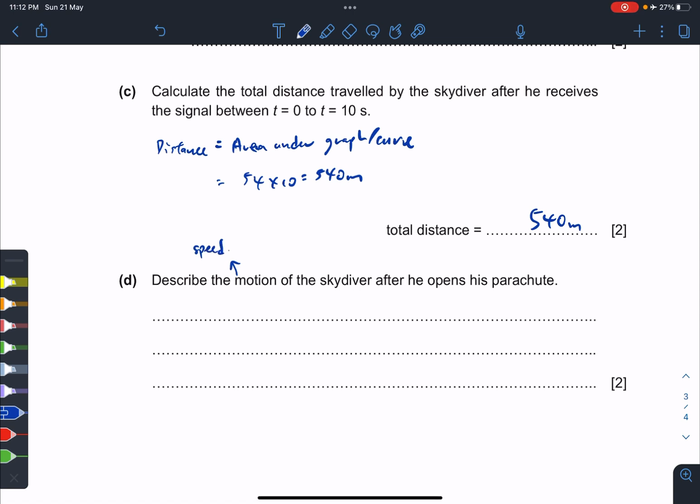If it's the speed, this one you need to quote the number because your graph gives it. Second thing that comes along is your acceleration. In the graph, it's not in terms of acceleration, but we can find it, but it's not needed. So for acceleration, I don't need a number per se.